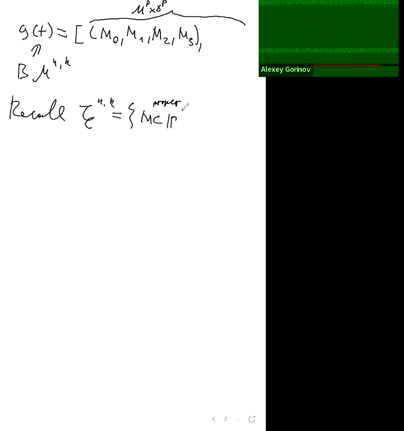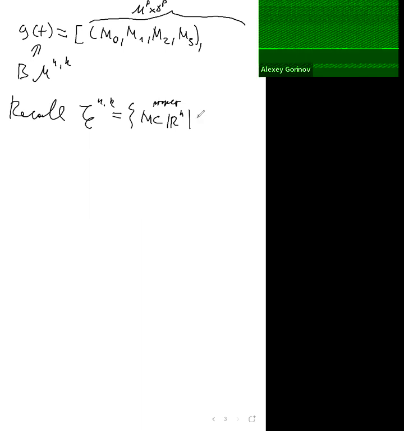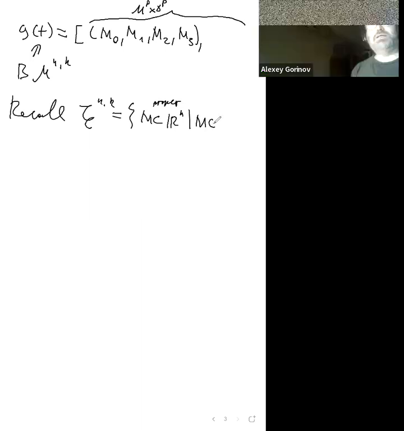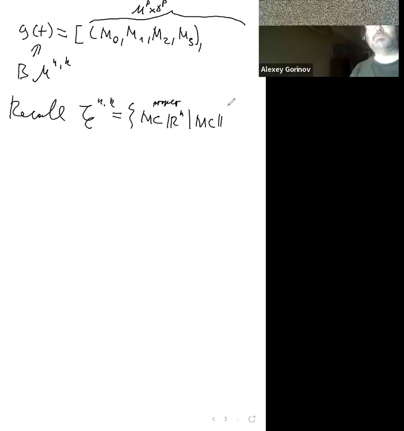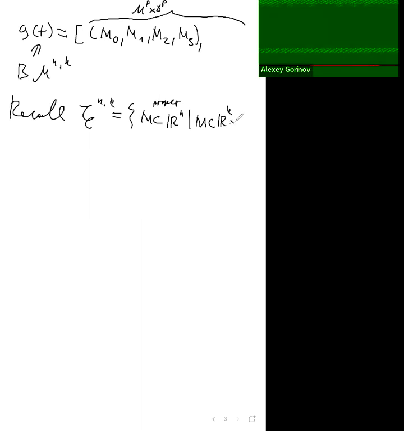It's a set of all properly embedded manifolds M inside R^n, such that M in fact lives in R^chi cross (0, 1)^(n minus chi).